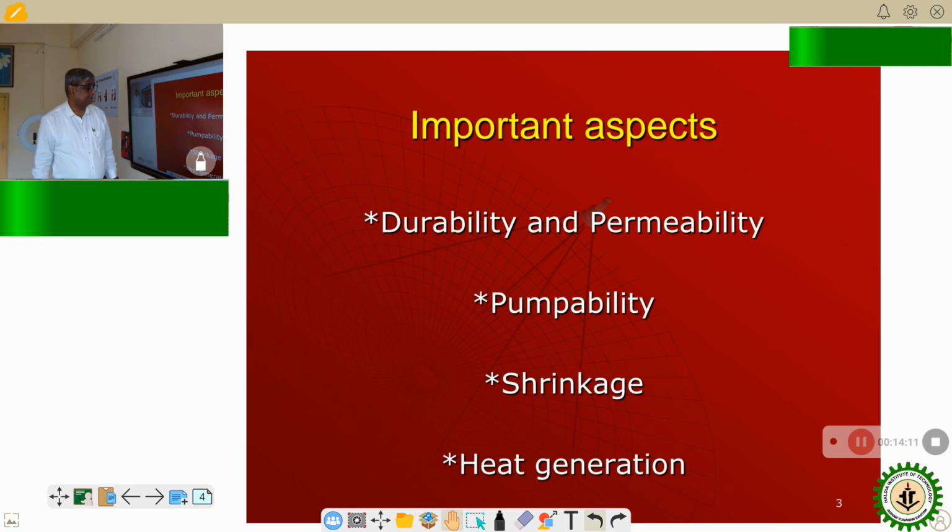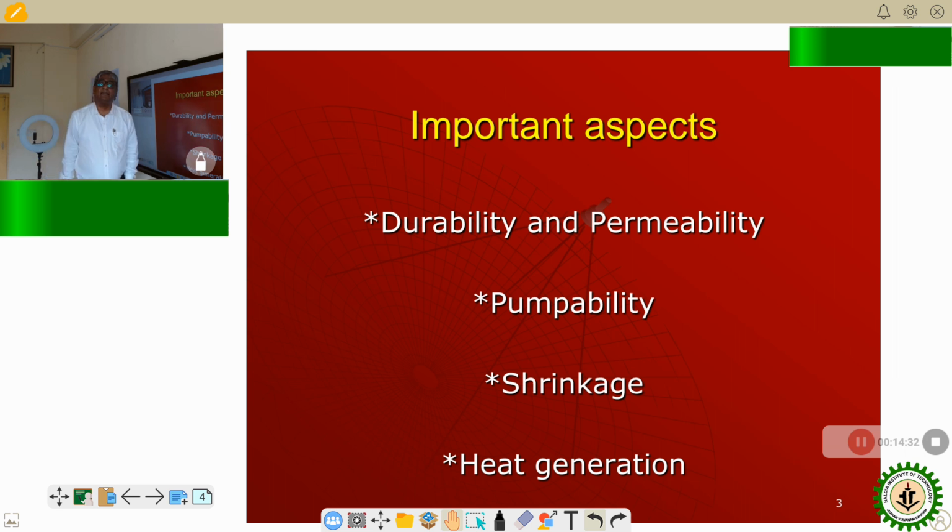So that is one. Heat generation: whenever you are going for mass concreting, huge concreting, there is a huge heat generation, and it should not be very high. First of all, people should be able to work there.